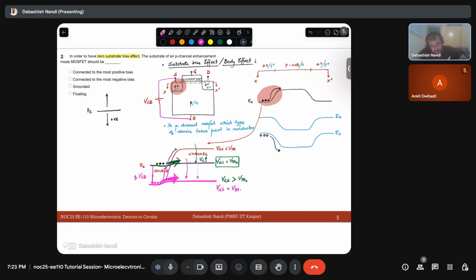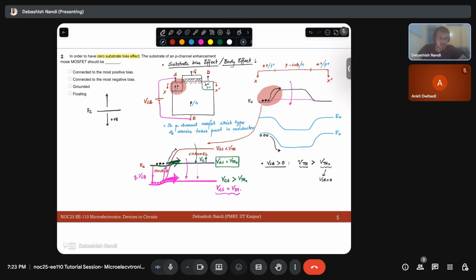Okay. So threshold voltage is what? The gate voltage for which the barrier almost vanishes is my threshold voltage. Now do you see that if my VSB is greater than 0, then my VTH will be greater than VTH0? VTH0 is when my VSB is equal to 0, and VTH is the actual voltage that I need to have.